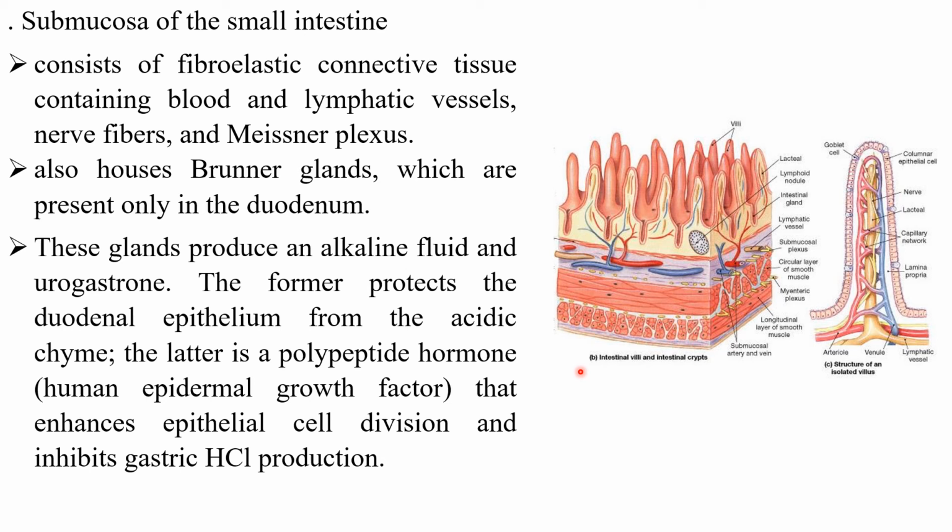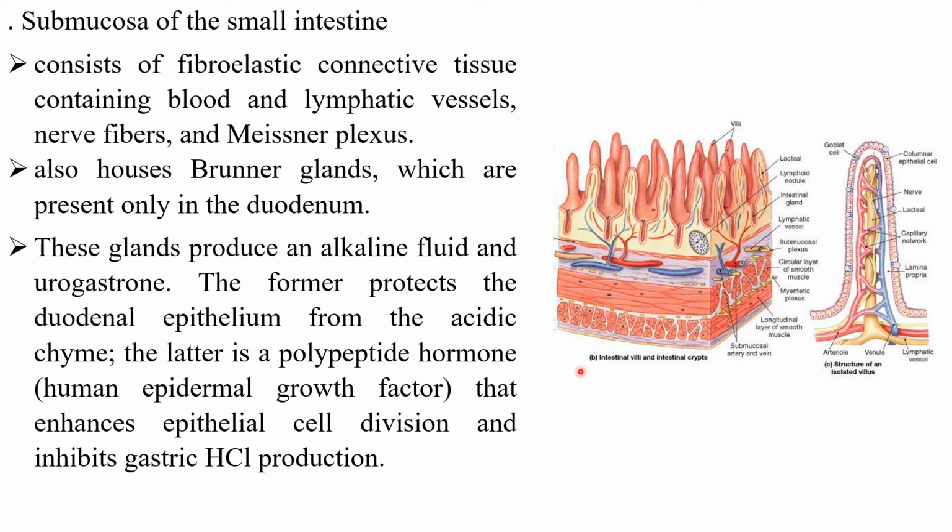These Brunner's glands produce an alkaline fluid and urogastrone. The alkaline fluid protects the duodenal epithelium from the acidic chyme, and urogastrone is a polypeptide hormone.